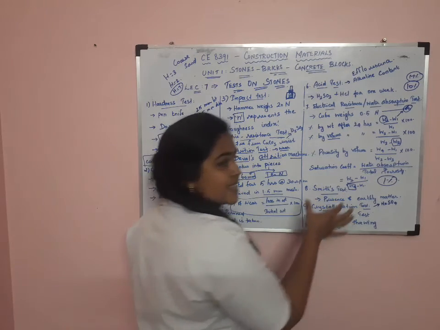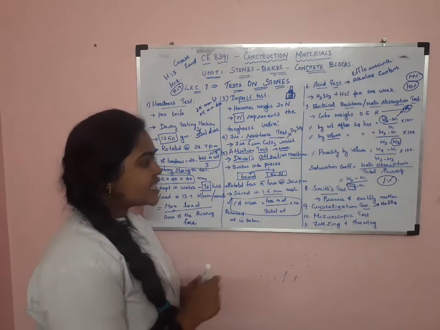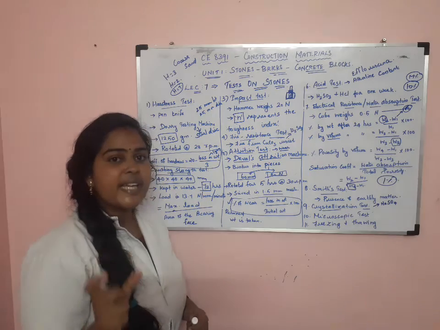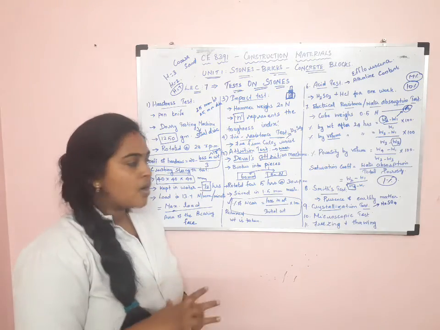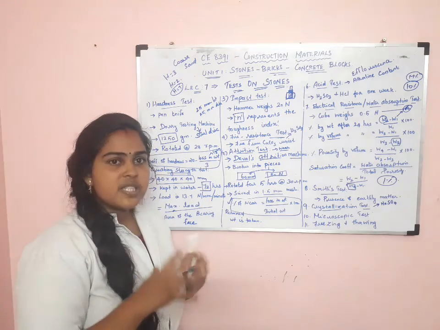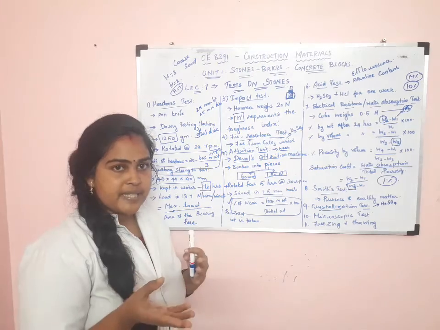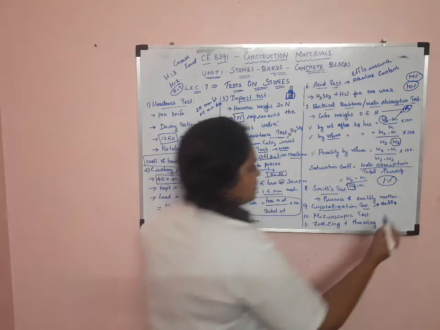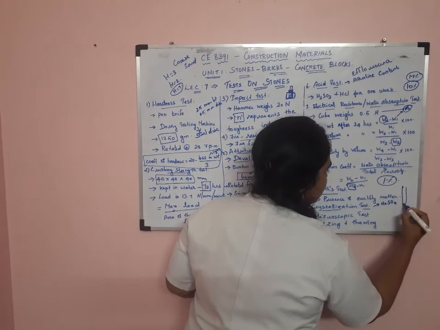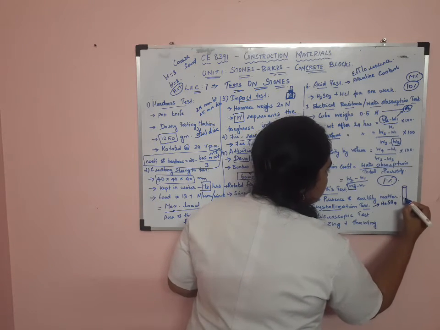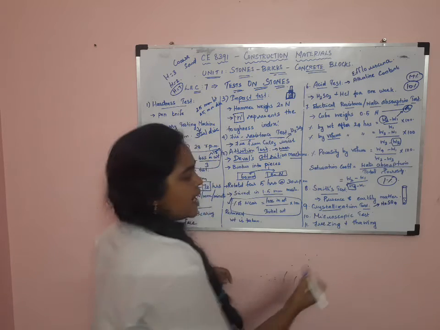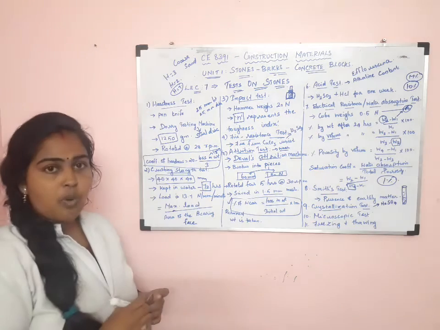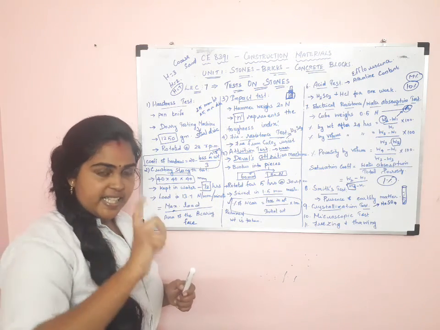Next test is the Smith test. This Smith test is used to find out the presence of earthy matter. For doing this test, the stone is taken and cut into several pieces and added into a test tube containing clean water, and shaken vigorously.